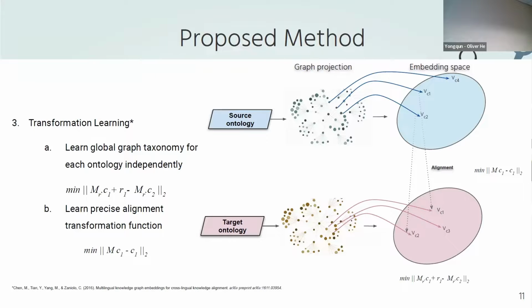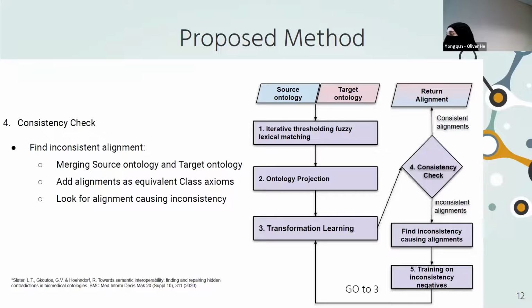And based on a threshold, I predict several alignments. I add those alignments as an equivalent class axiom to this merged ontology, and then I try to find the inconsistencies.